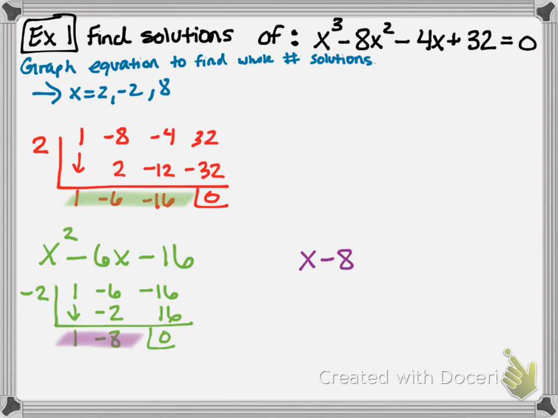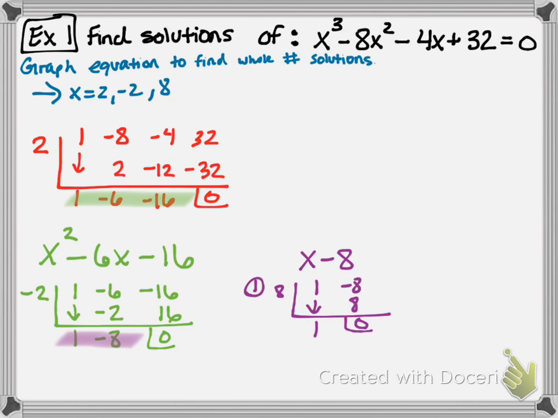The last thing I need to prove is the 8. I'm going to do this using synthetic division, and then I'll show you another way, and the other way I think we know. So I have the 8. If I did synthetic division, we bring down a 1. Negative 8 plus 8 is 0. So I have a remainder of 0.